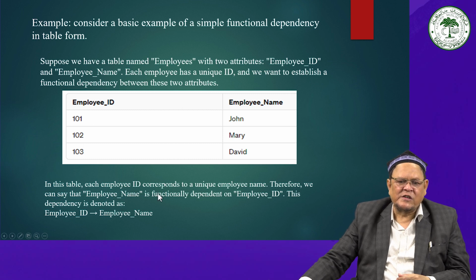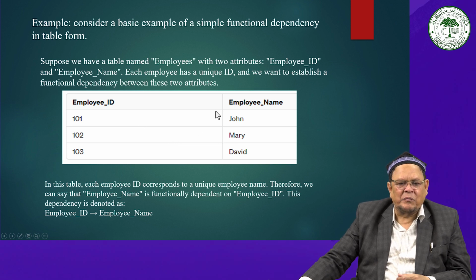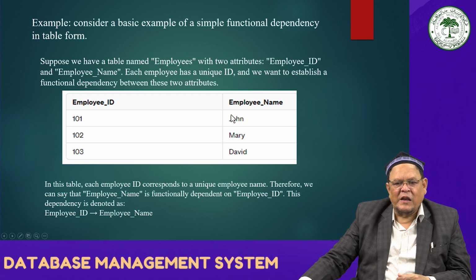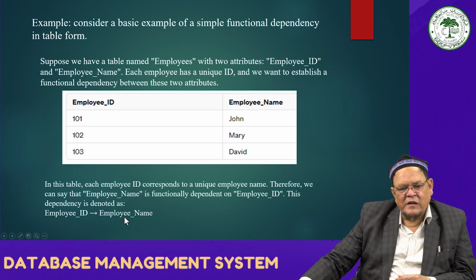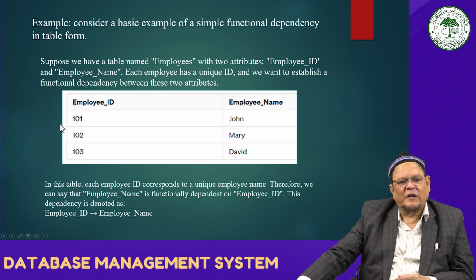In this table, each employee ID corresponds to a unique name. Therefore, we can say that employee name is functionally dependent on employee ID. This dependency is denoted by employee ID determines employee name. So this is an example of that.